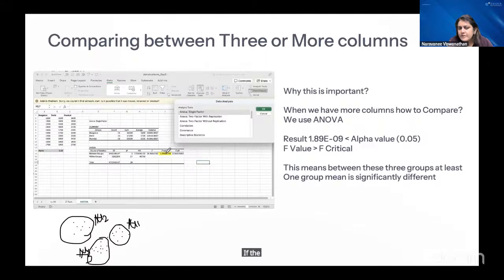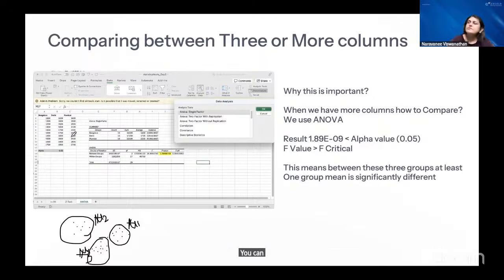If this p value is less than this alpha value, then the way I should say it is that these groups have at least one group which is different. So these three groups are definitely not the same. Why? Because there is at least one group which has a mean which is significantly different than the others.